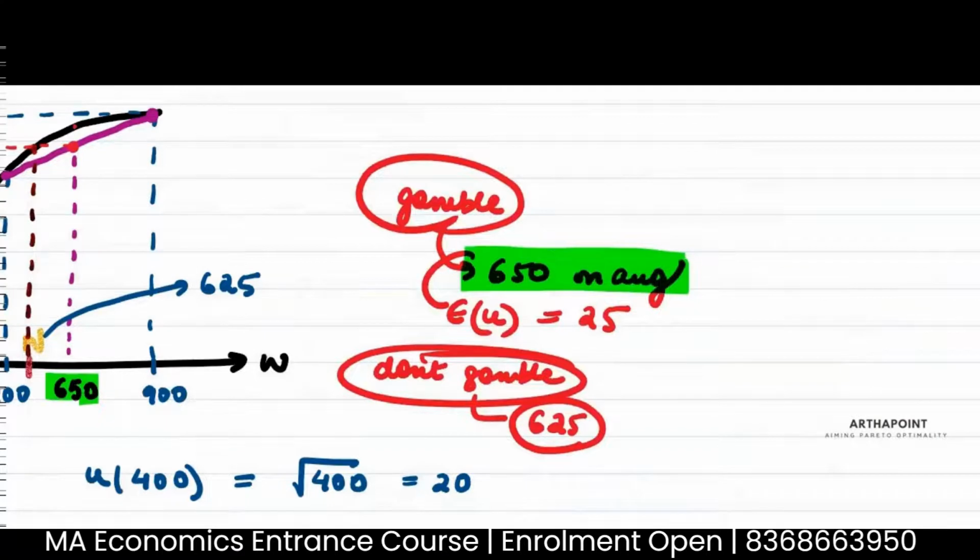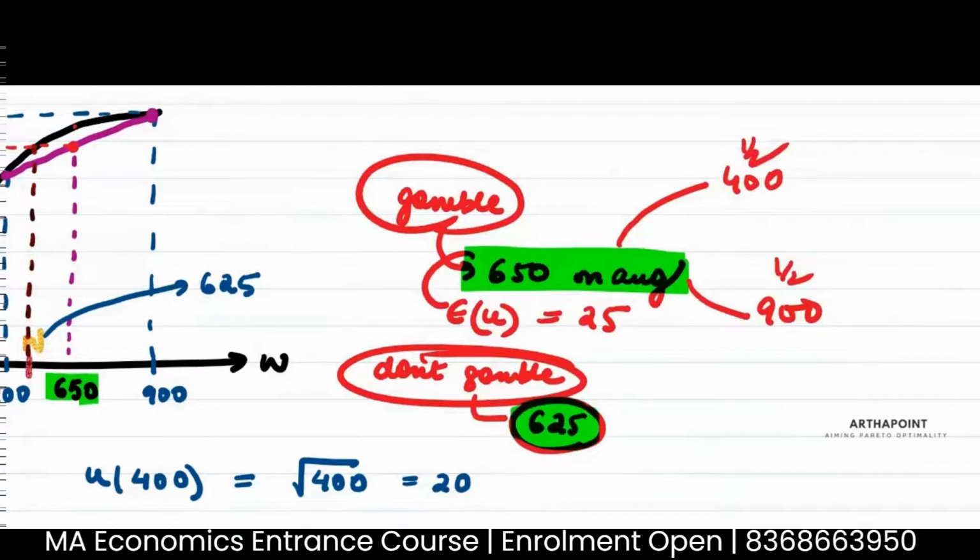Here it may go and make 400, it may be 900 with probability half. If instead of that, I am certain that I will make this 625 with certainty, it will always be in my pocket. That also gives me a utility of 25. So both give me the same utility.